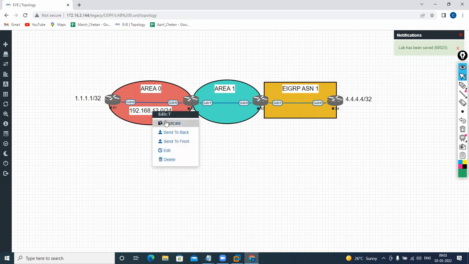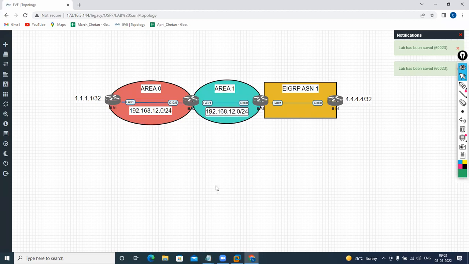So the IP address between R2 and R3 will be 192.168.23.0/24. The IP address between R3 and R4 will be 192.168.34.0.